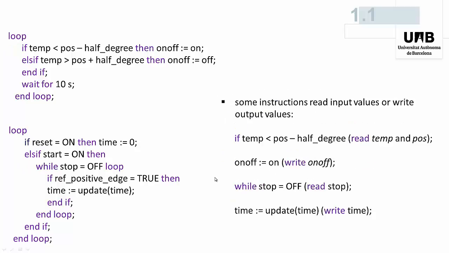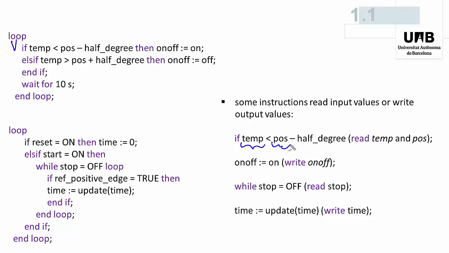Now, a third common characteristic is that both algorithms include instructions that read input values or generate output values. Here are some examples. In the first algorithm, in order to execute the first instruction, it is necessary to read the current value of temperature and the current value of position.